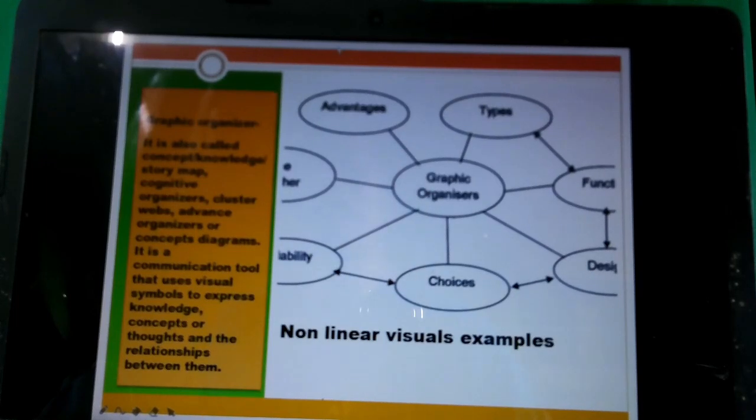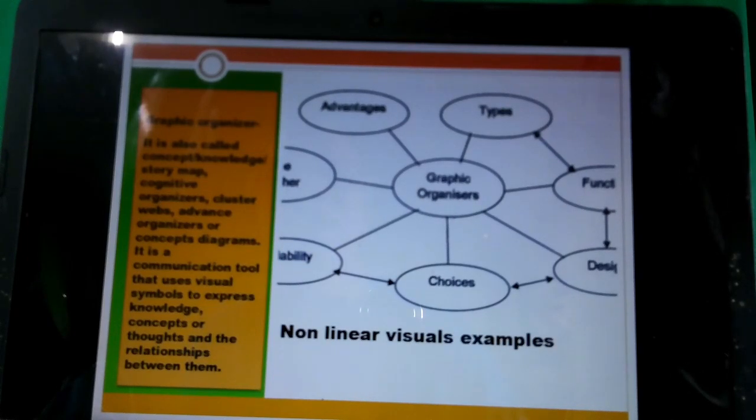Okay, let's proceed. We also have the graphic organizer. The graphic organizer is also called concept or knowledge story map, cognitive organizers, cluster webs, advanced organizers, or concept diagrams.